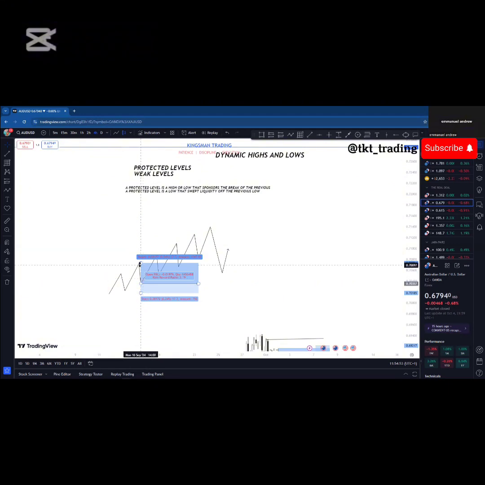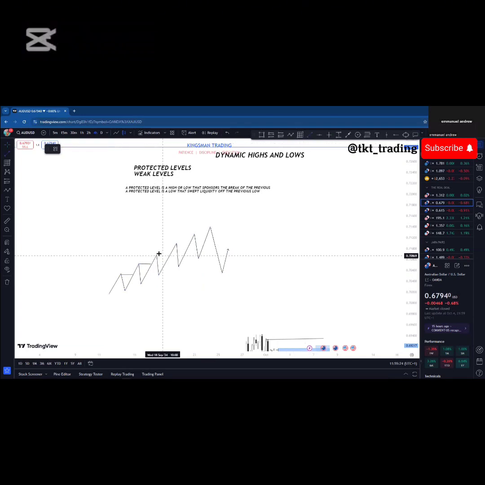So what sponsored this high? It was this protected level here. So if we take our entry from this point, we expect price to go beyond this previous high. All these highs here are weak highs, all of them, because we expect price to go beyond them.